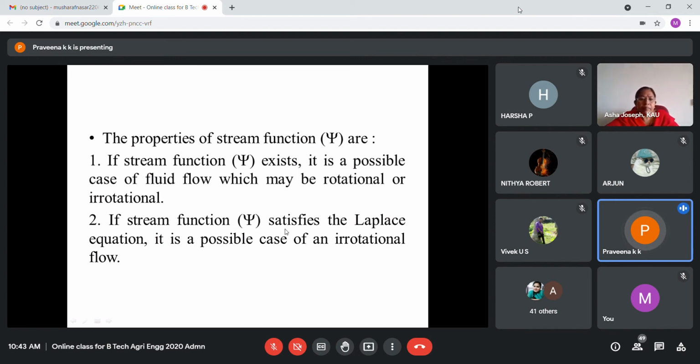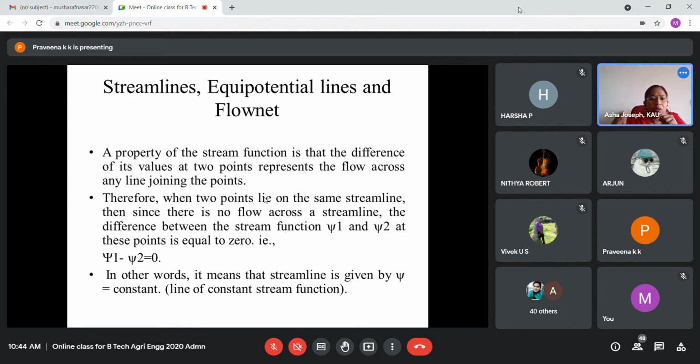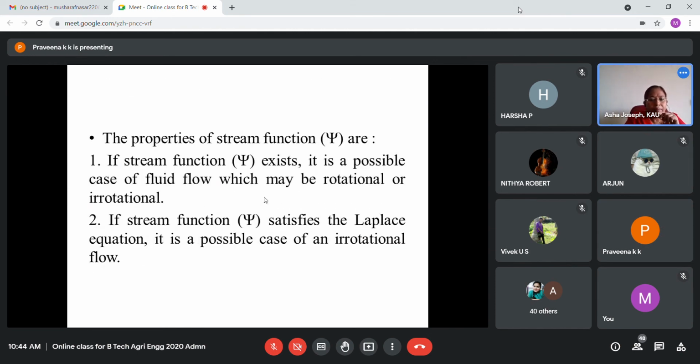And if the stream function satisfies the Laplace equation, it is a possible case of an irrotational flow. If any value exists in psi, then there is a fluid flow, and it can be rotational or irrotational. If the psi function satisfies the Laplace equation, then the flow will be irrotational. These are the properties of stream function. From the previous expression only we have formed these properties, which we explained just now by that derivation.